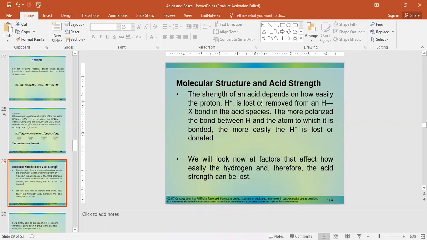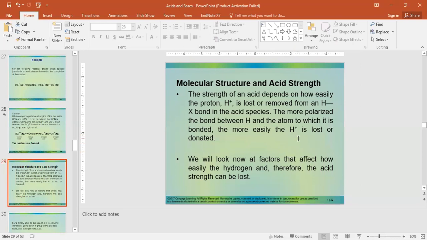More polarized means these two species have a significantly high difference in electronegativity, so that this hydrogen is almost losing the electron, while the other species is almost getting the electron, meaning it is almost becoming a free hydrogen ion.